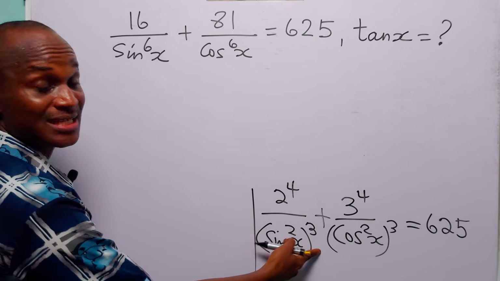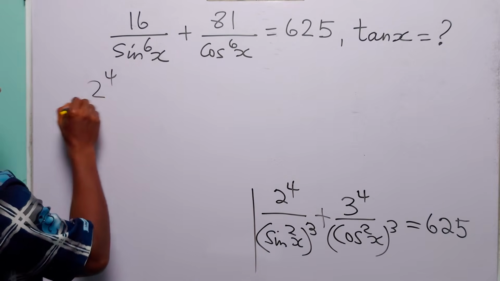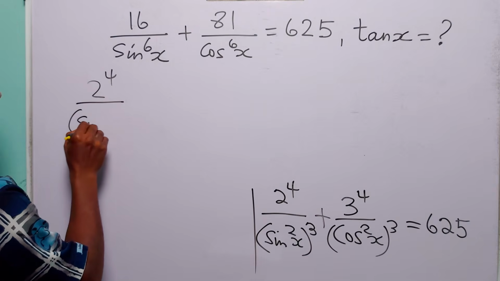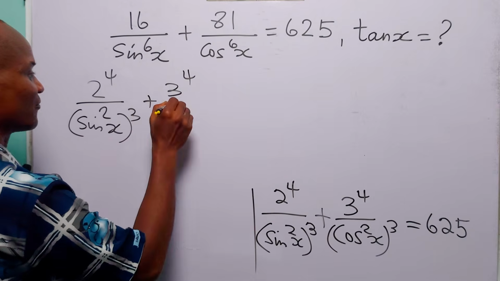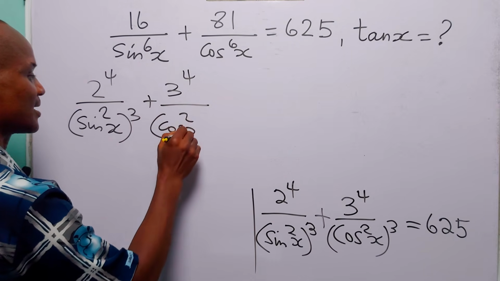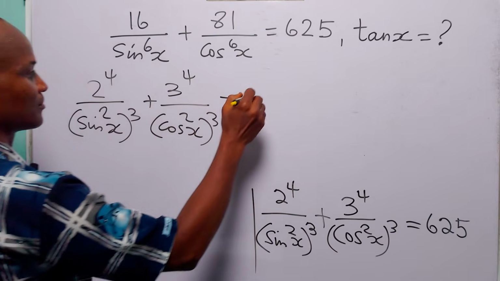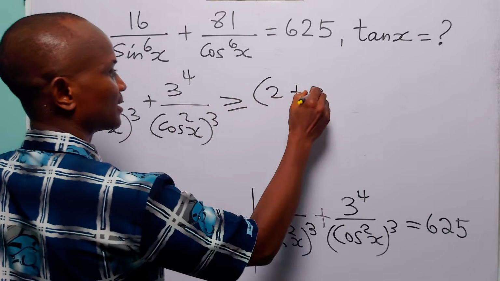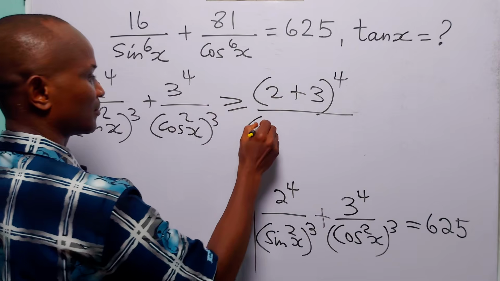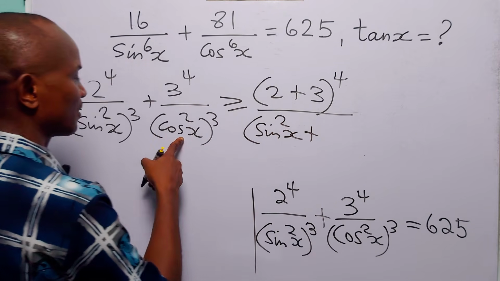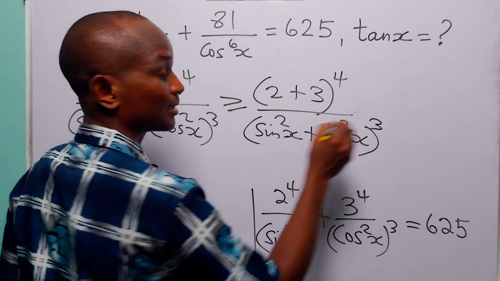Now, if we apply Radon's inequality to the left-hand side of this equation, then we have that 2 raised to power 4 divided by sin squared x raised to power 3 plus 3 raised to power 4 divided by cos squared x raised to power 3 must be greater than or equal to 2 plus 3 raised to power 4 divided by sin squared x plus cos squared x raised to power 3.